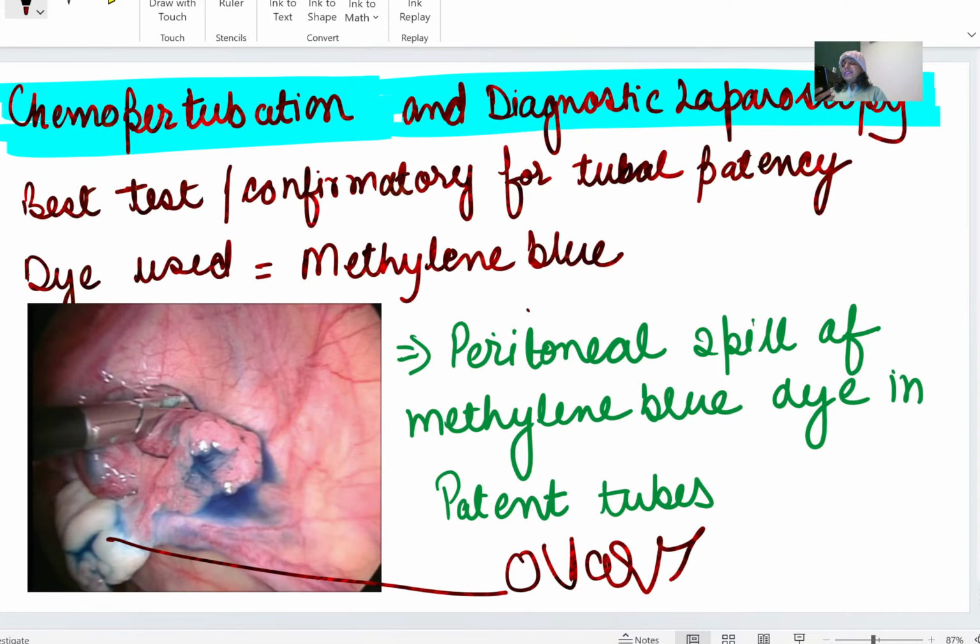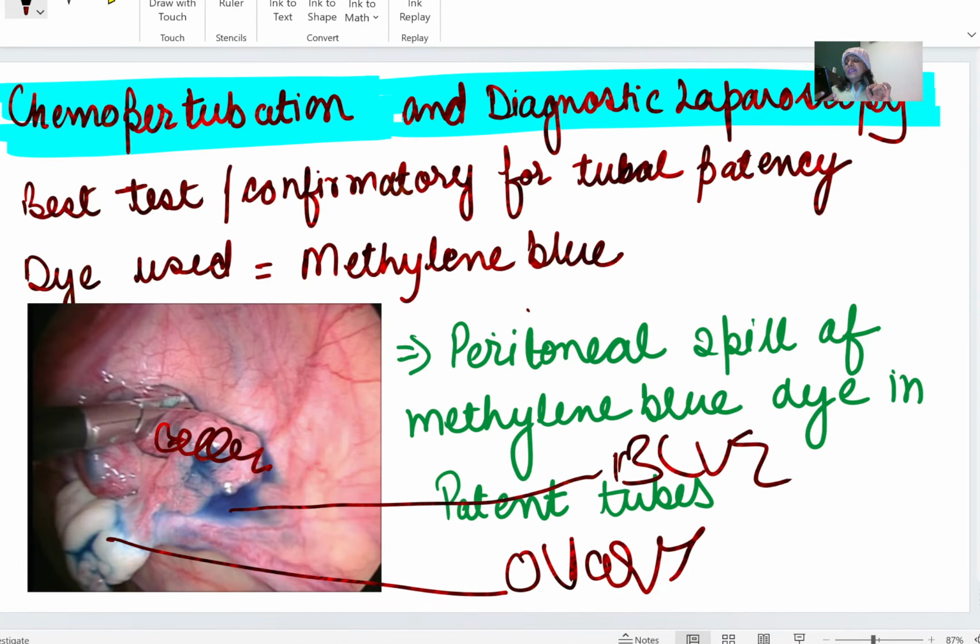This white colored structure is the ovary, and this wavy structure is the fallopian tube. This blue colored dye has come out. So this is chemoperturbation. Chemoperturbation means the dye has gone into the tubes and we are seeing it.